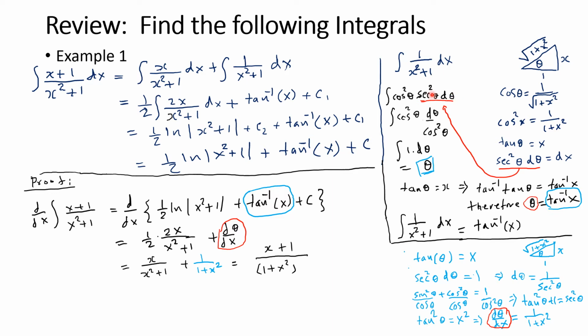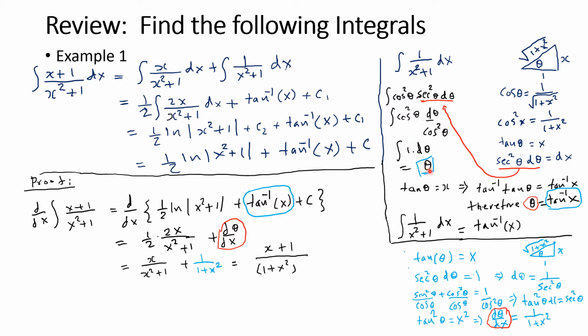Since sec squared is equal to 1 over cosine squared, we have the integral of cosine squared theta d theta over cosine squared theta, so we can cancel out cosine squared. We will have the integral of 1 d theta, which is equal to theta.